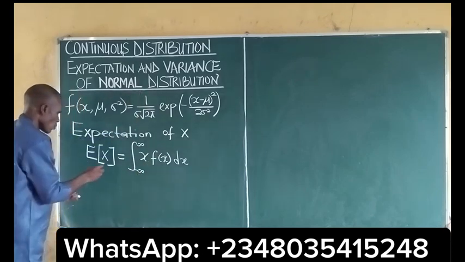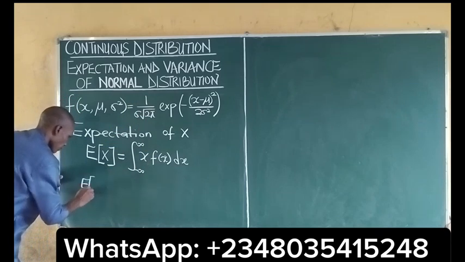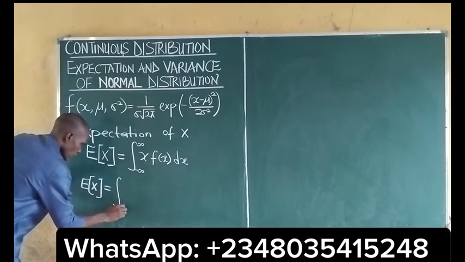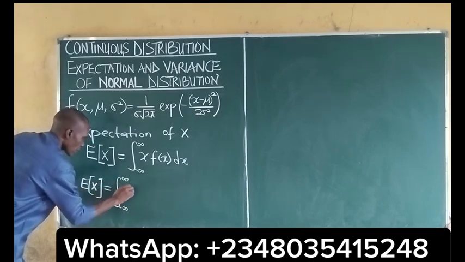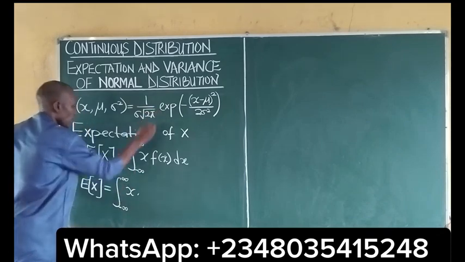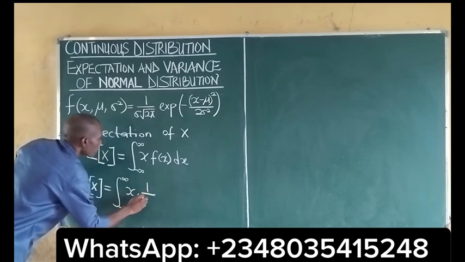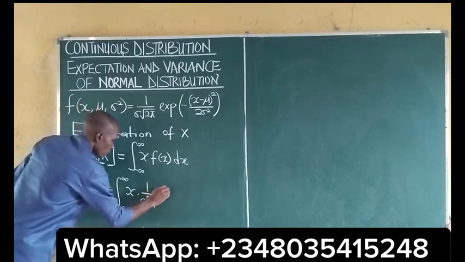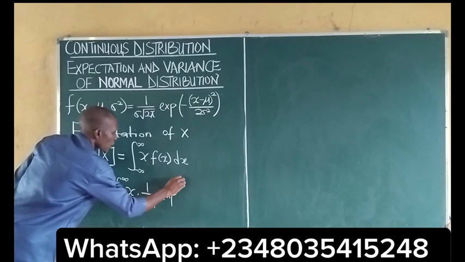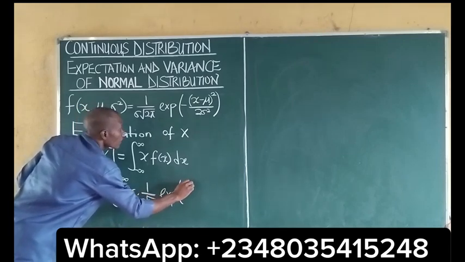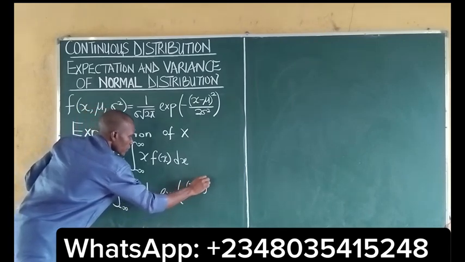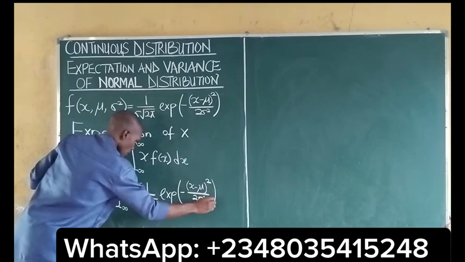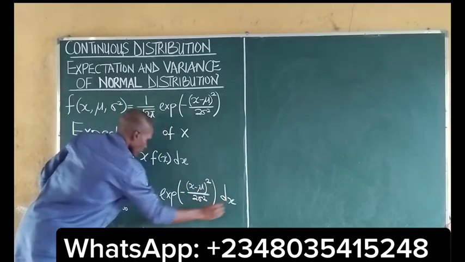The next thing to do, we say the expectation of x is equal to the integral of x multiplied by the whole of this, which is 1 all over sigma square root of 2 pi, exponential negative (x minus mu) raised to the power of 2 all over 2 sigma squared, dx.